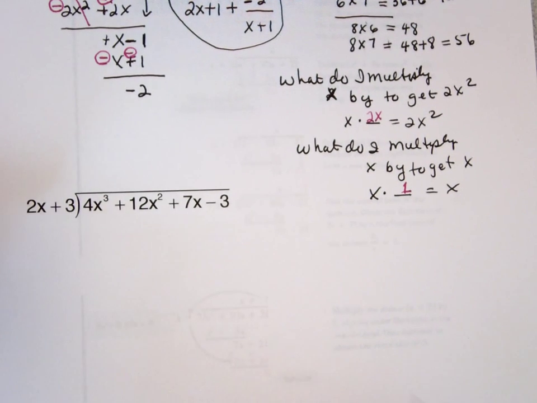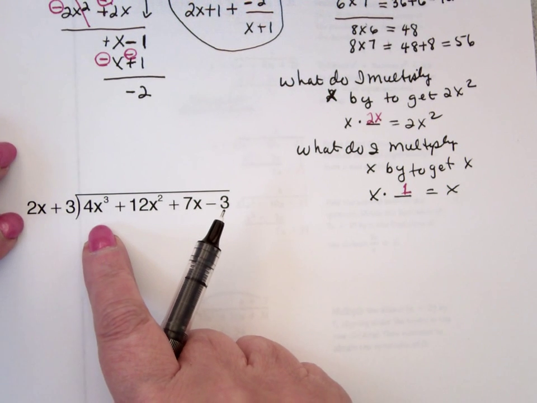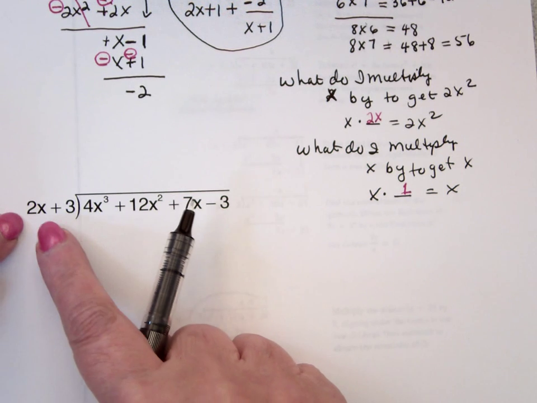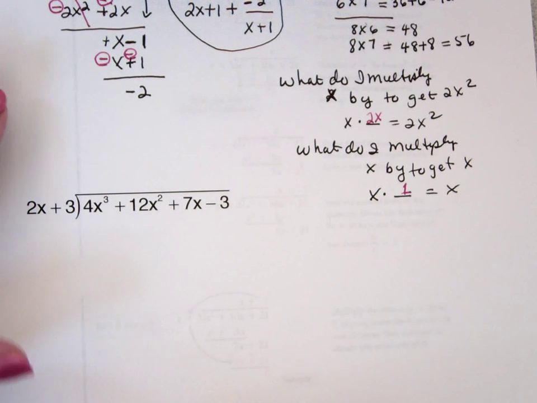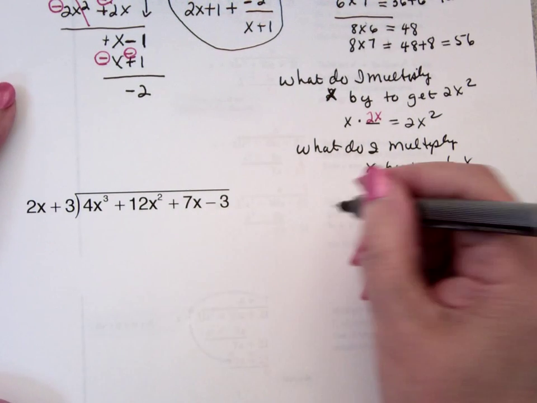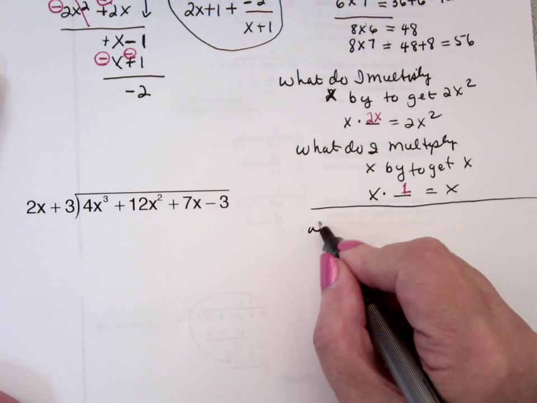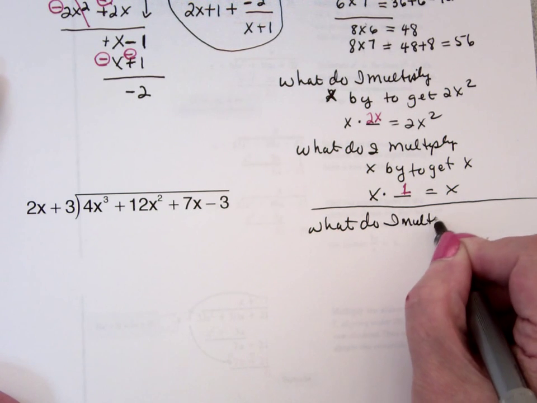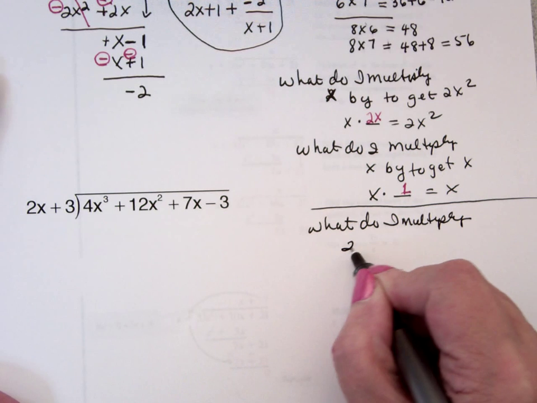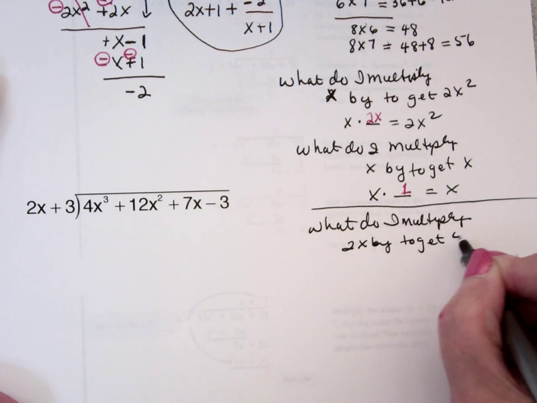So I'm starting with a degree 1 divided into a degree 3. That means that I won't be done until I come down to a degree 0, which is a constant. So I start off, what do I multiply 2x by to get 4x cubed?